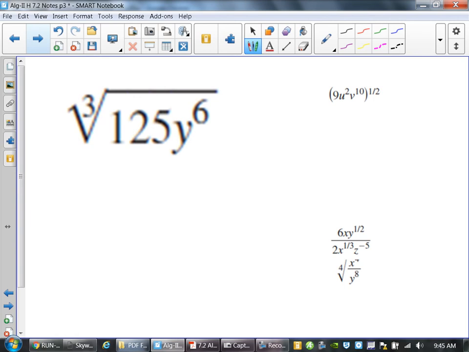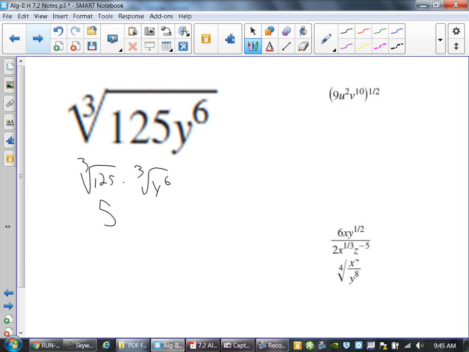Right off the bat, when you have stuff like this, remember in the past we've talked about when you're simplifying anything, take care of the numbers first. What's the cube root of 125? So we're basically splitting this out into 2 parts. You're getting 5 and then whatever this works out to be.